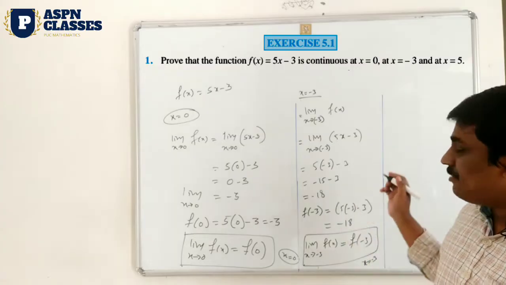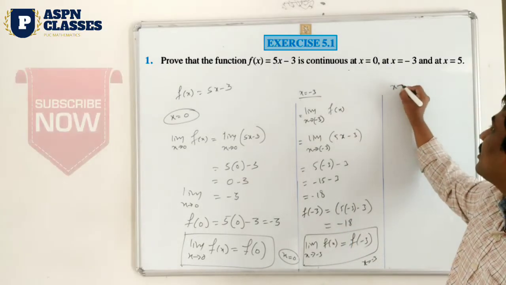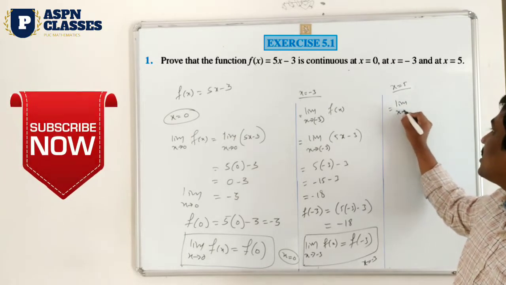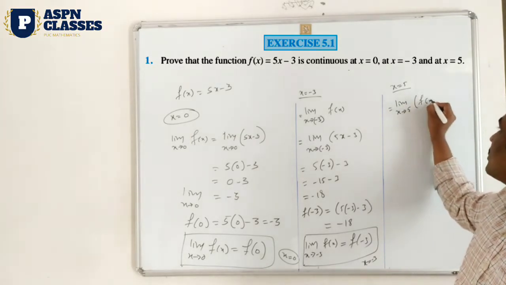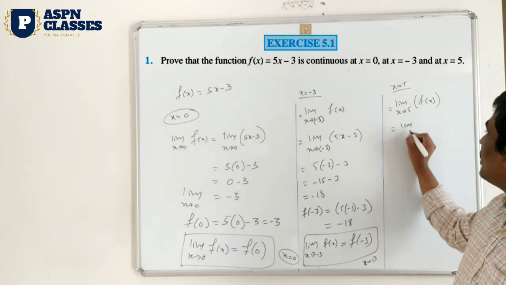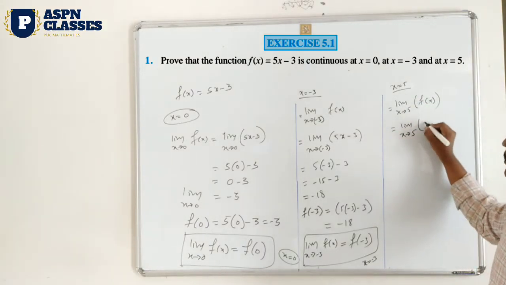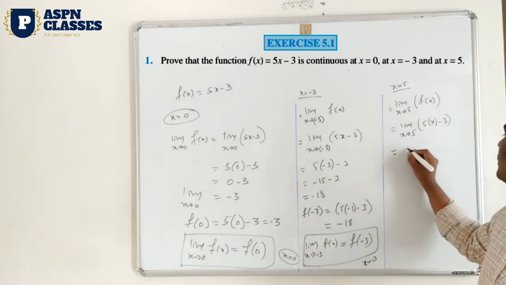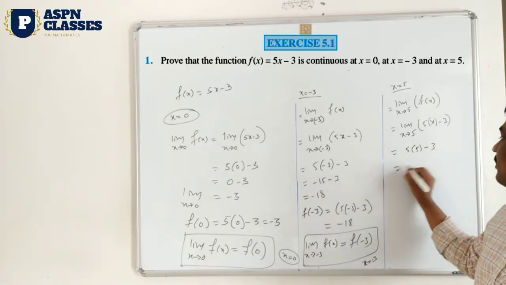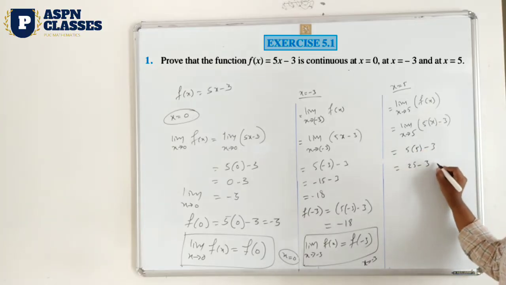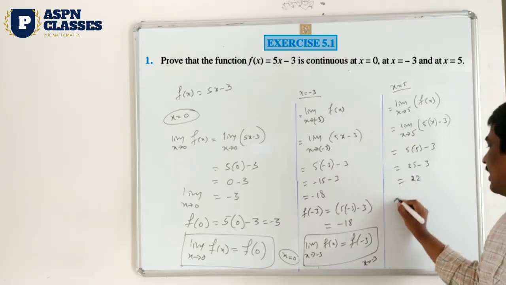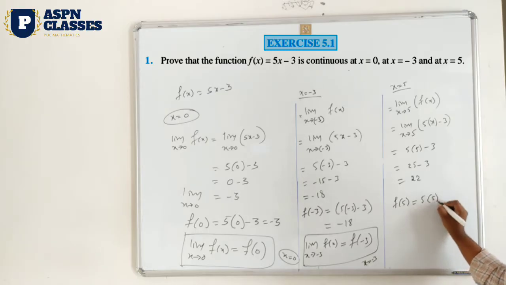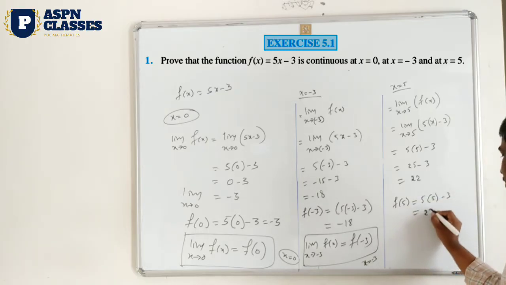Is that clear? Okay, one more point is there, that is x equals 5. You will check this also. Limit of x tends to 5 of f of x, which is the limit of x tends to 5 of 5x minus 3. 5 into 5 is 25, 25 minus 3, it means you get the answer 22. The function answer also gives the same result: 5 into 5 minus 3, 25 minus 3, which is 22.